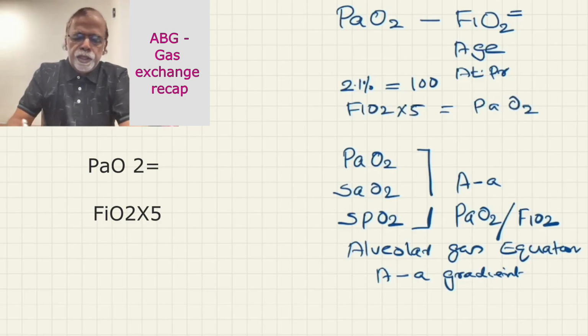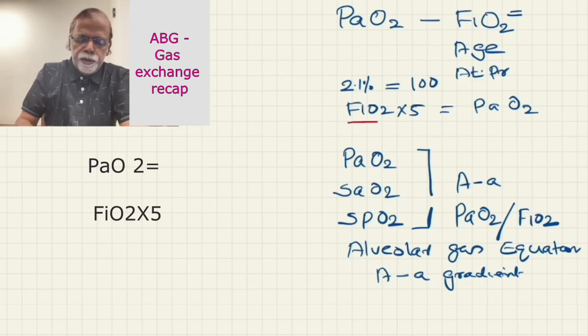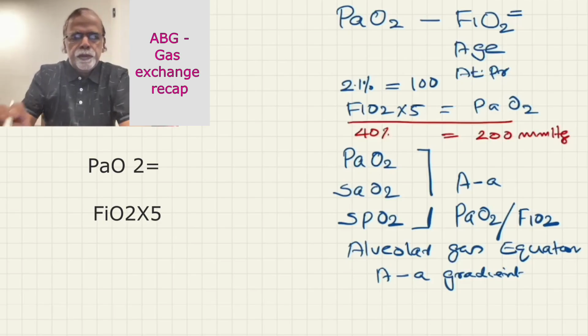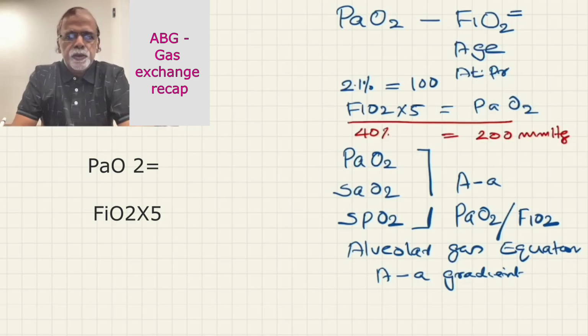Hope this point is clear. So if the patient is on 40% oxygen, the PaO₂ will be 40 into 5, 200 millimeters of mercury. Hope this point is clear to you.